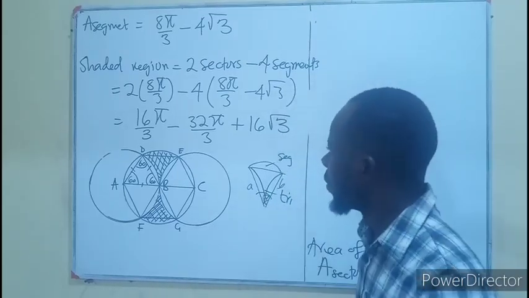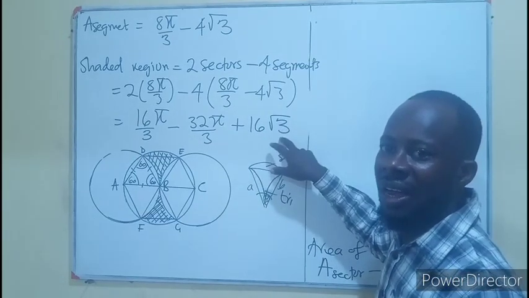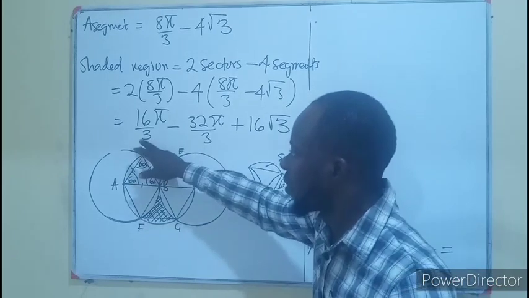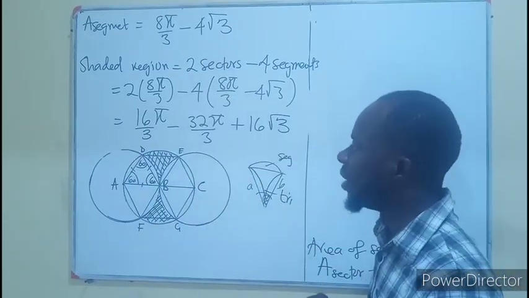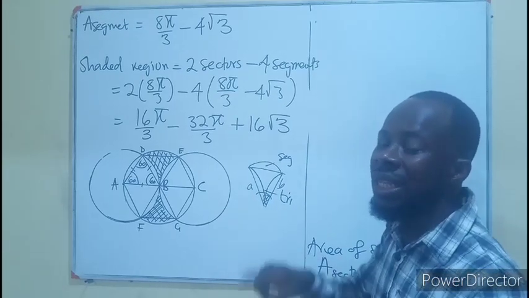So what do we do? We have pi, we have rational. So what do? We compute the pi together. Since they are fraction of the same denominator, we only go ahead and subtract the numerators, meaning 16 minus 32. That will be a negative 16.